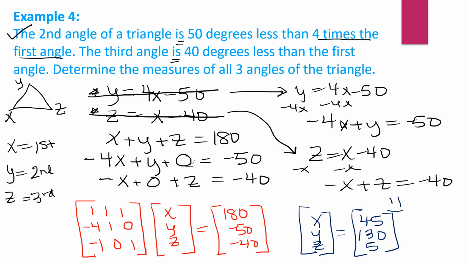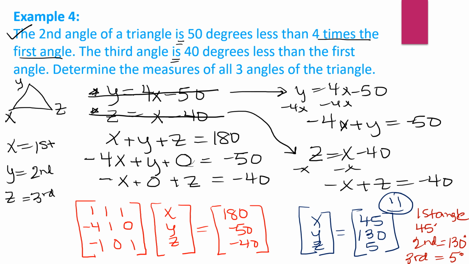Great job. You answered the question. But can you explain what that means in terms of this example? Okay, so go back. This is how I thoroughly understand it all the way out. So the first angle is 45 degrees. The second angle is 130 degrees, and the third angle was only 5 degrees.